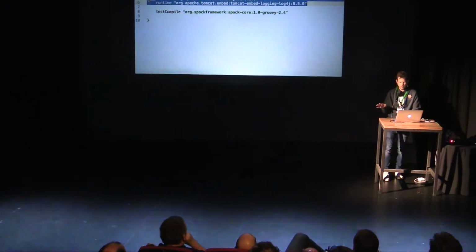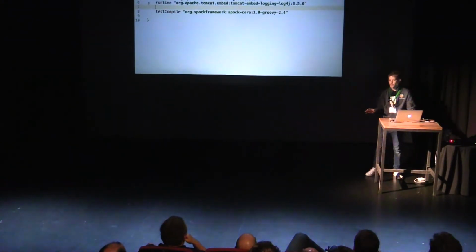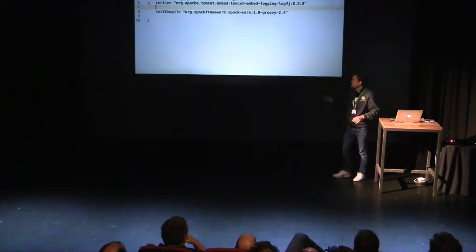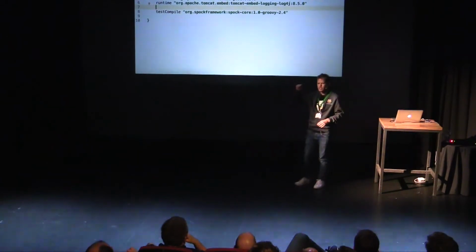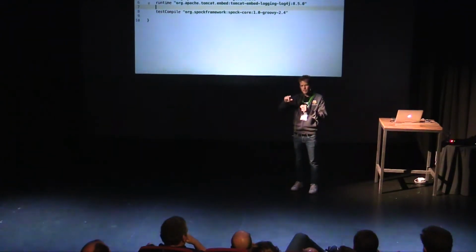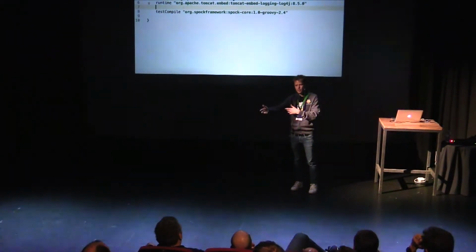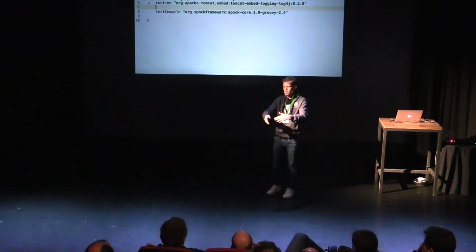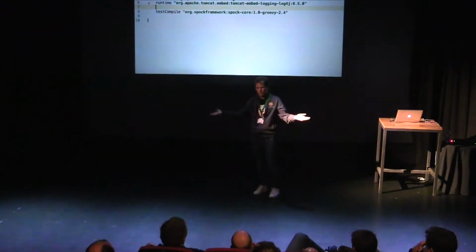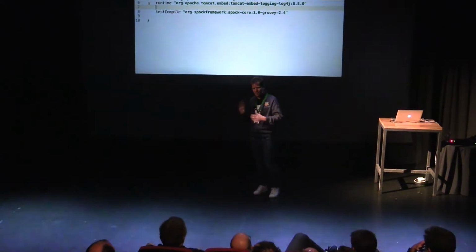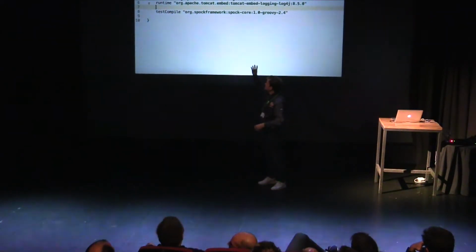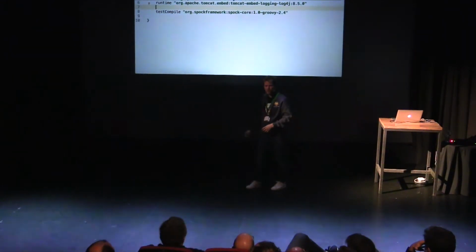That's all I have, and then Spock. The connection pool is needed because if you use an in-memory database without a pool, every time you access it, it wipes your data. The first time it works and creates the tables, but the next time you access the database, it's disappeared. So you need the pool to actually run the test. But other than that, it's four dependencies to get it working.